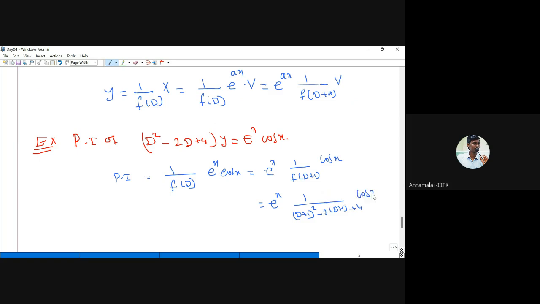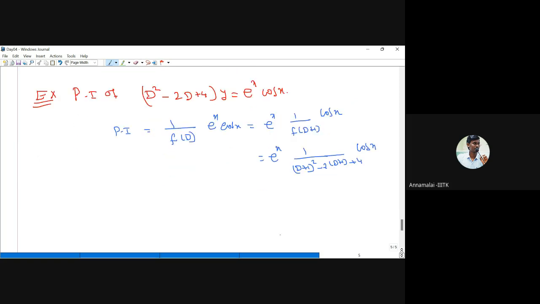into cos x. Now if you simplify this, you get e power x into 1 by D square plus 2D plus 1 minus 2D minus 2 plus 4, times cos of x. Don't write cos x here, because you have to operate on this function. Therefore, you have to write cos x after this operator. Now we can cancel the 2D.